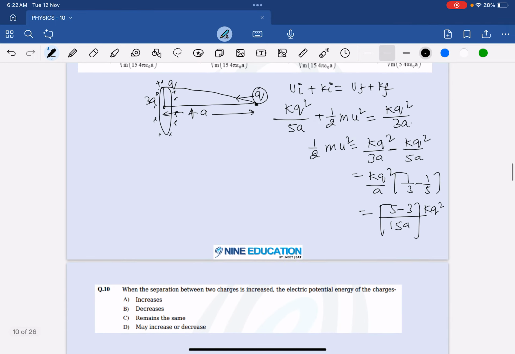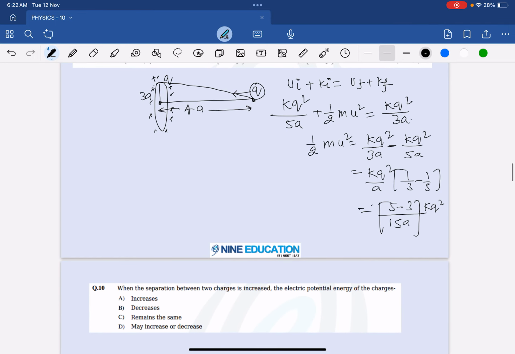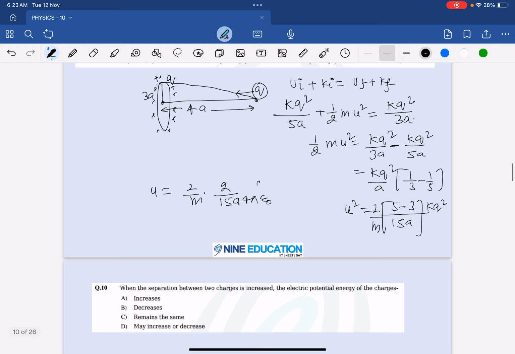So if m is going to, this will be 2 by m and this will be u square. Now basically can I say that u is going to become 2 by m multiplied by 2 by 15a multiplied by 4 pi epsilon naught and q square also.